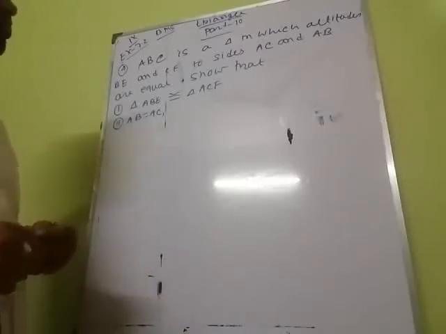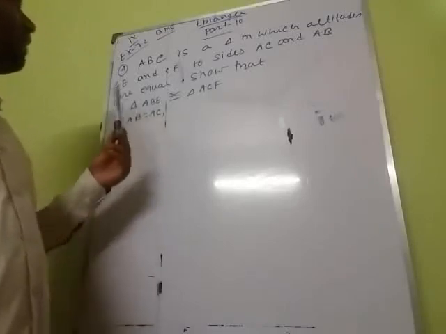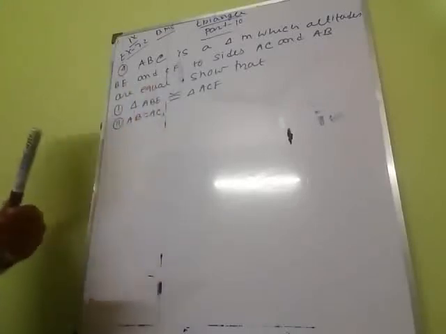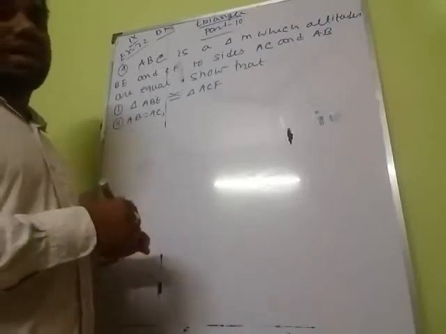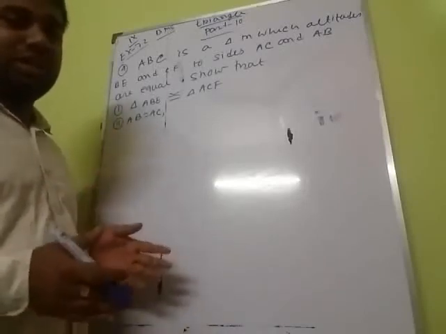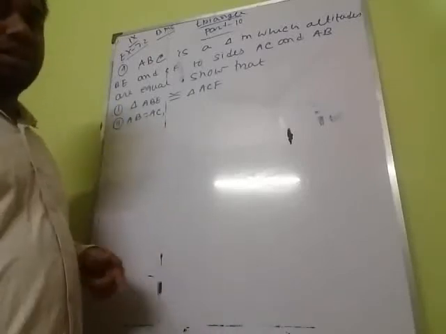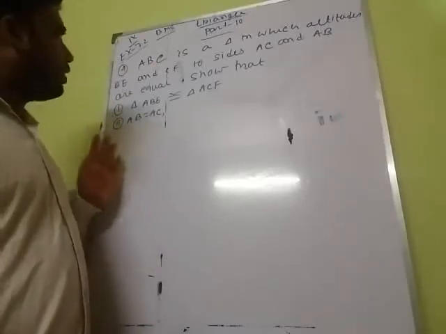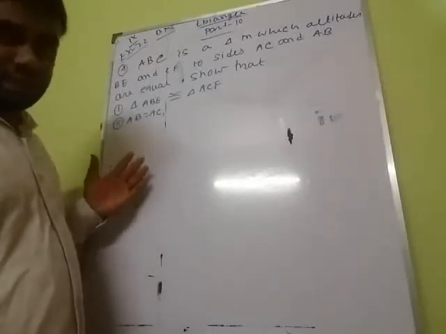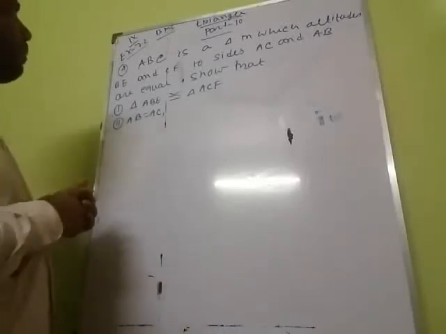In the previous sum we solved just this type of sum, but there it was given that the sides are equal and we proved that BE and CF are equal. Here, we have to prove that the sides are equal, given that the altitudes on those sides are equal. Okay, students.